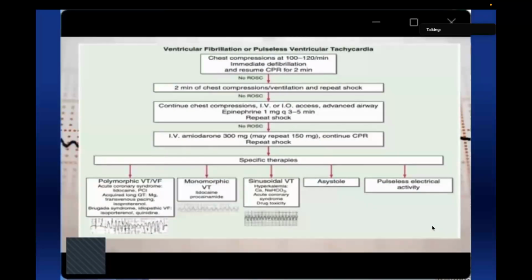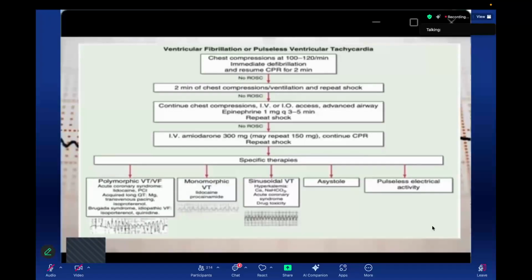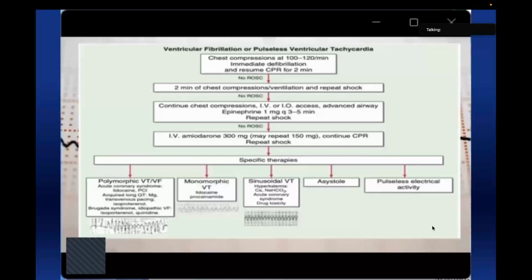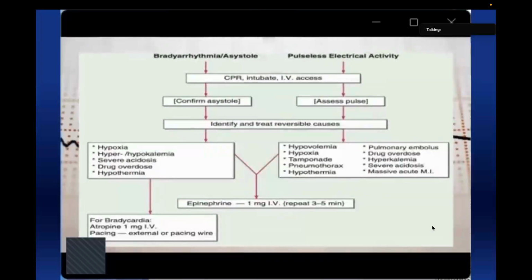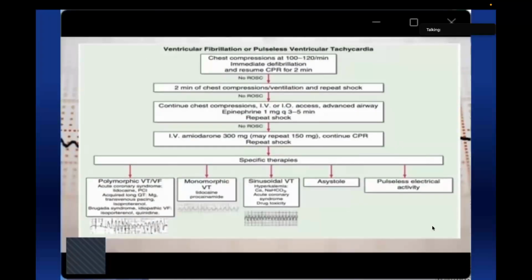VFib or pulseless VTach, you have to do chest compression. This is actually from your ACLS because your VFib is an arrest rhythm. You have four arrest rhythms: your ventricular fibrillation, your pulseless ventricular tachycardia, your asystole, and your pulseless electrical activity. So when you have ventricular fibrillation or pulseless ventricular tachycardia, you might want to do immediate chest compression.